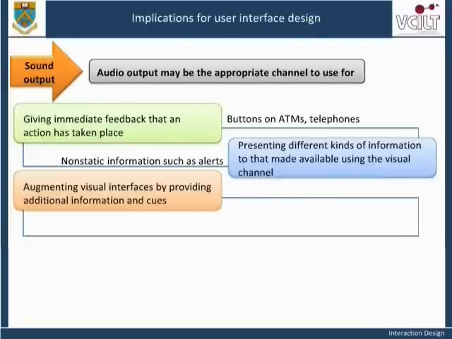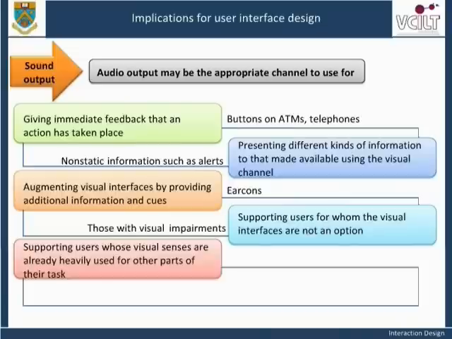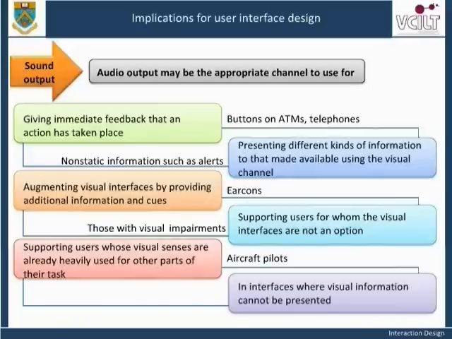Augmenting visual interfaces by providing additional information and cues, for example, earcons. Supporting users for whom the visual interfaces are not an option, for example, those with visual impairments. Supporting users whose visual senses are already heavily used for other parts of their task, for example, aircraft pilots. In interfaces where visual information cannot be presented, for example, mobile or handheld devices with small or no screens.